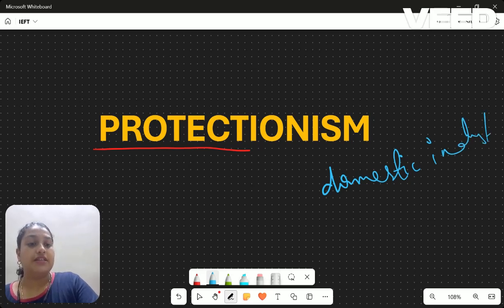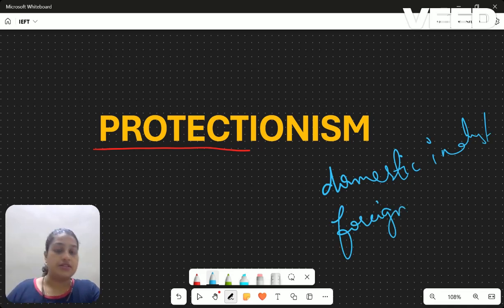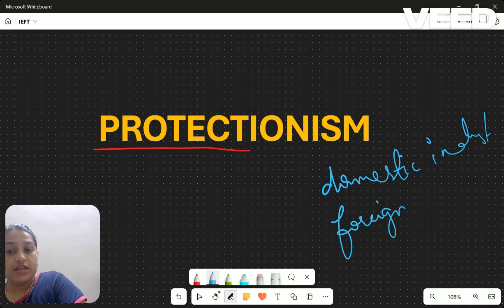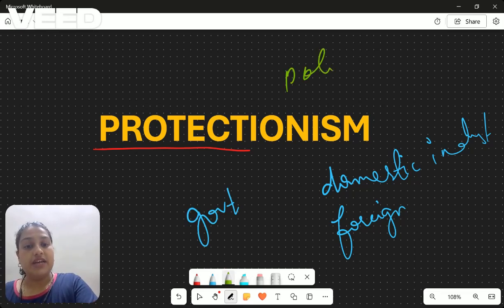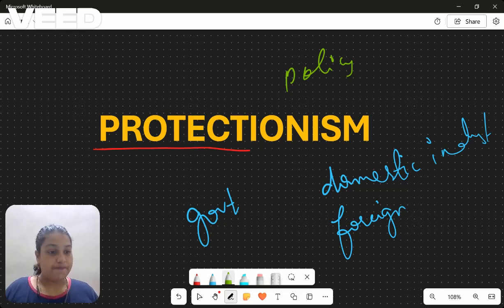From the foreign industries, protecting the domestic industries from the foreign industries. By whom? The government. So, protectionism refers to the policies taken by the government in order to promote domestic industries. Trade protectionism is a policy stance that some countries adopt to protect their domestic industries from foreign competition.